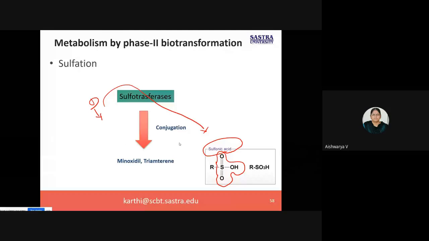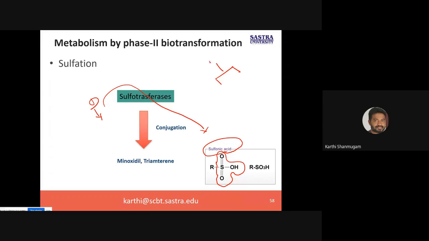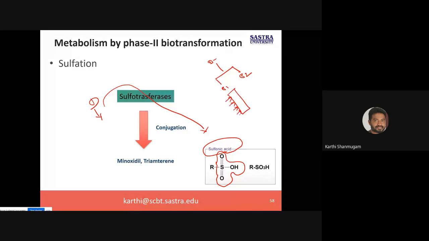Yes, sir. Yes, right. So now, if we summarize whatever we have studied, we can classify biotransformation into two types: phase one biotransformation and phase two biotransformation. We studied the set of chemical reactions feasible in phase one metabolism, and also what chemical reactions are possible in phase two metabolism.